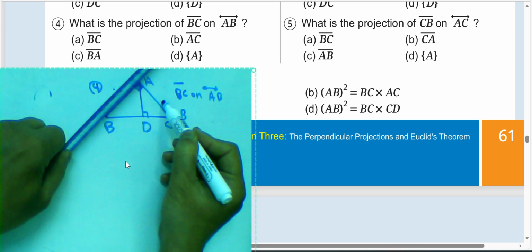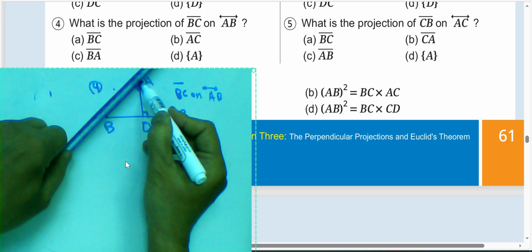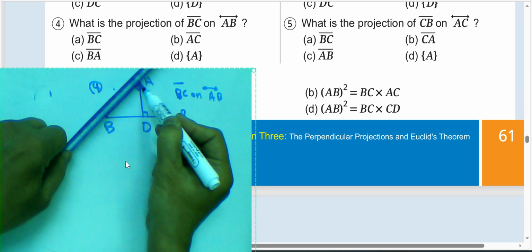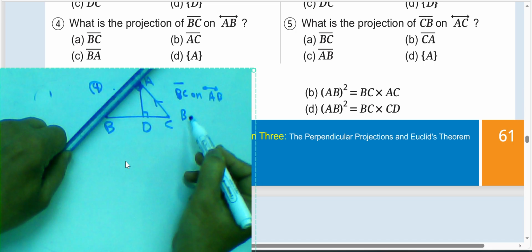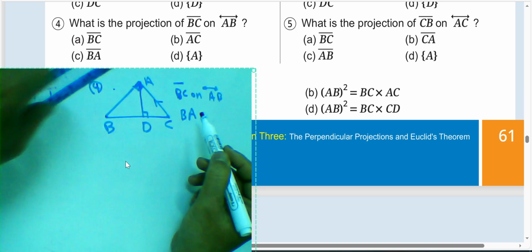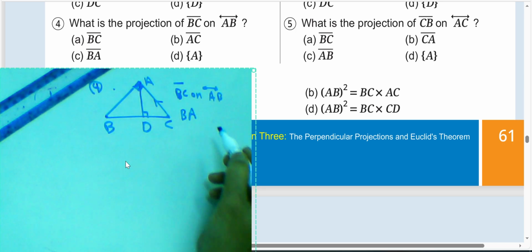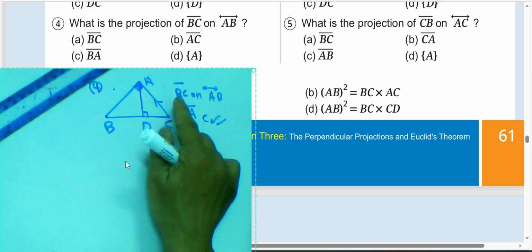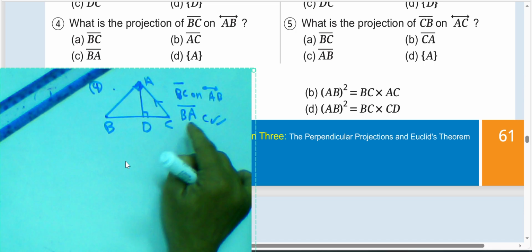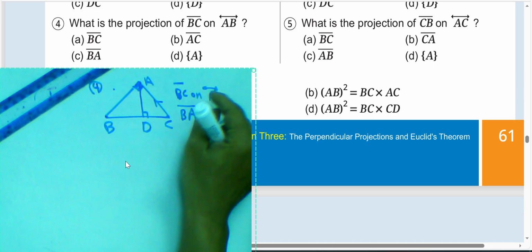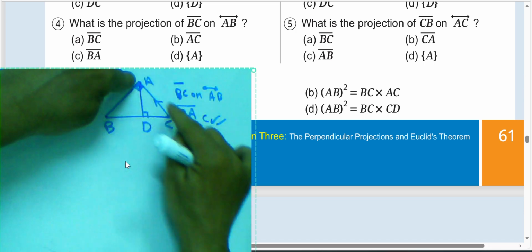And C is perpendicular to A, drawn from C to A. Then the projection of point C goes to A. Then you find BA. So choose letter C. The projection of BC on AB will be BA.